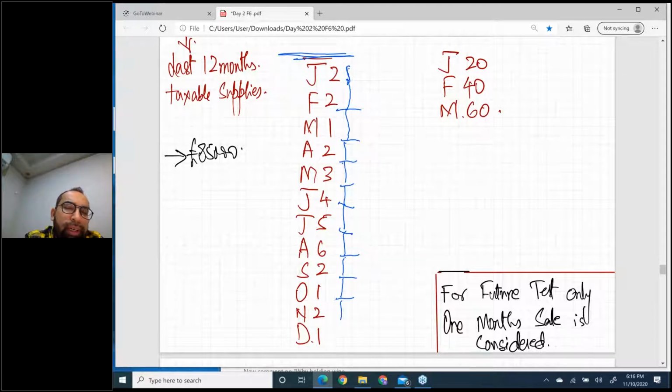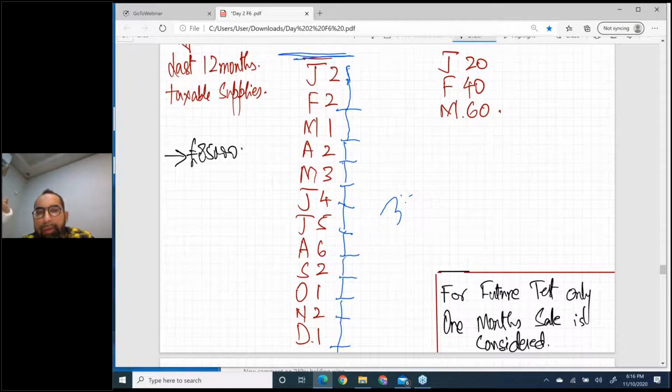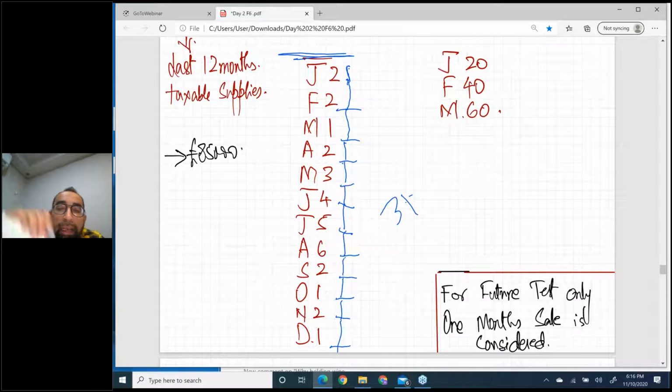Then 28, 30, and 31. See, 12 months have passed, but still you didn't cross 85. So the total sales of these 12 months is 31. Did I calculate 31 right? You have to help me in this addition, sometimes I forget.